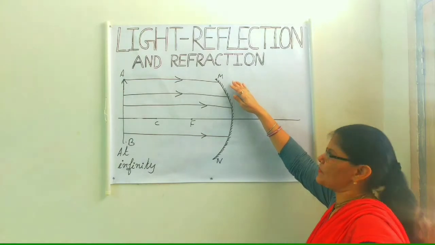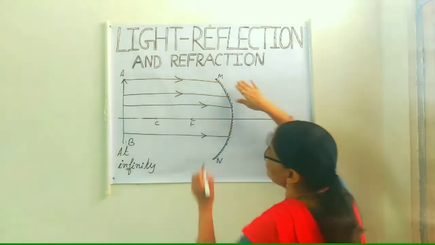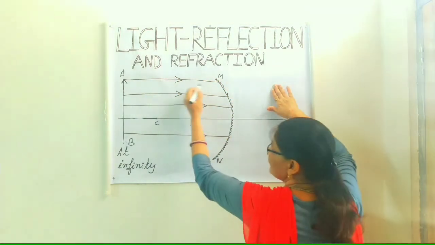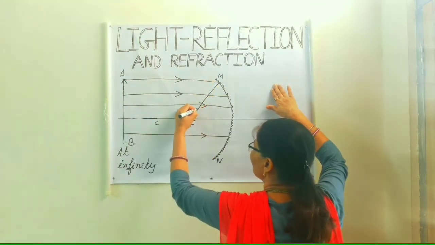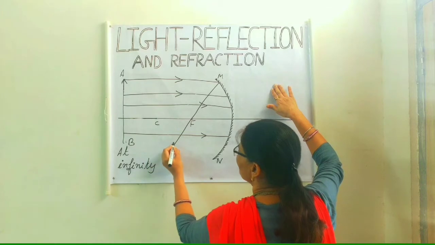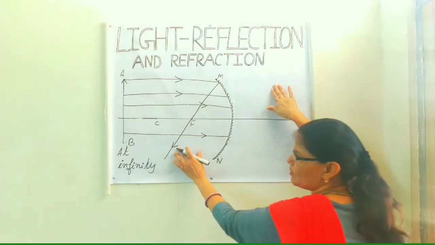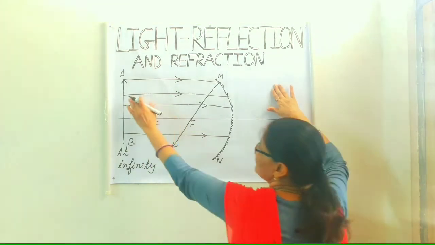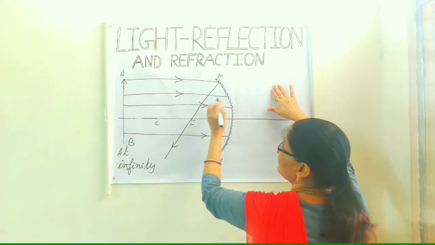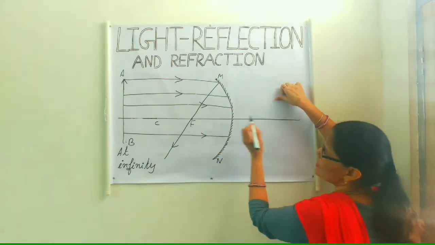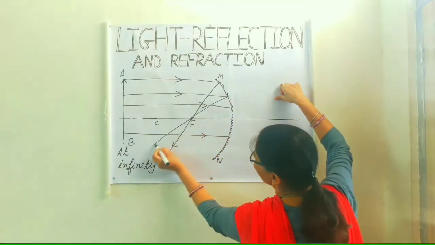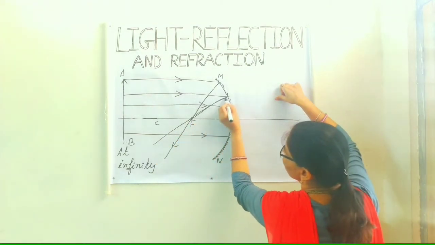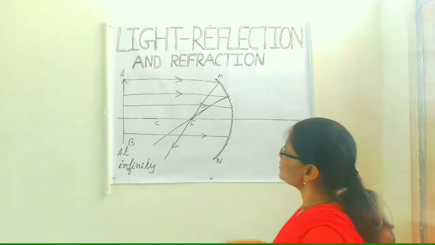Okay, so this is the parallel ray. If this is the incident ray, then the reflected ray will pass through the principal focus like this, and the arrow will be here. If this is the second incident ray, it will also pass through the principal focus.